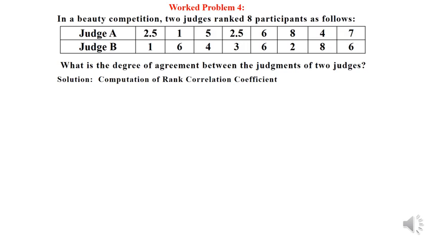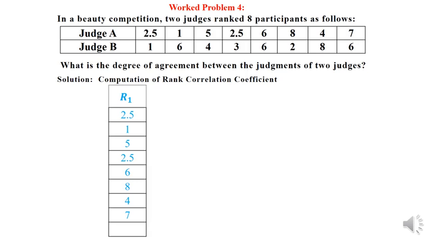Write Judge A's ranks as R1. Ranks are already given. Judge B's ranks as R2. Let us write them in vertical form. R1: 2.5, 1, 5, 2.5, 6, 8, 4, 7. Here mark the repeated ranks. 2.5, 2.5, we are finding 2 times.